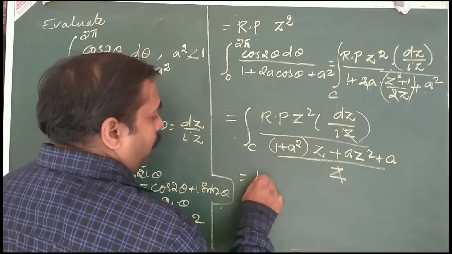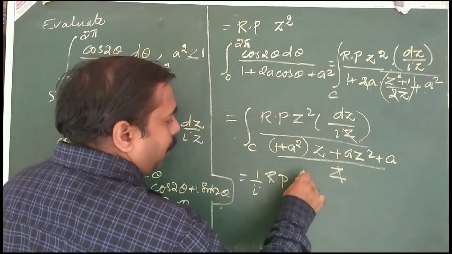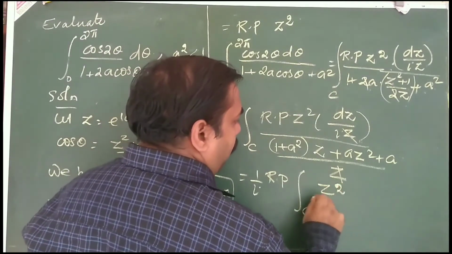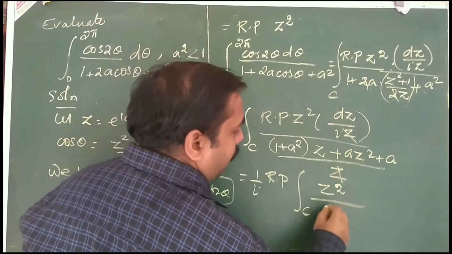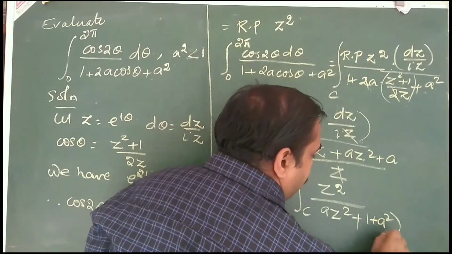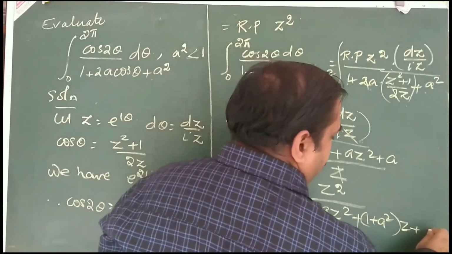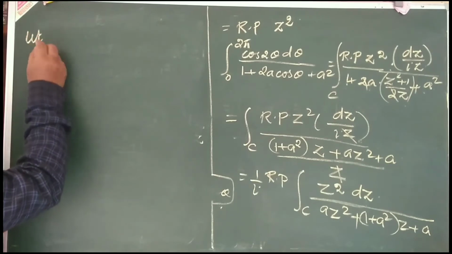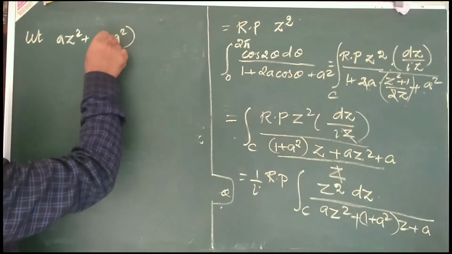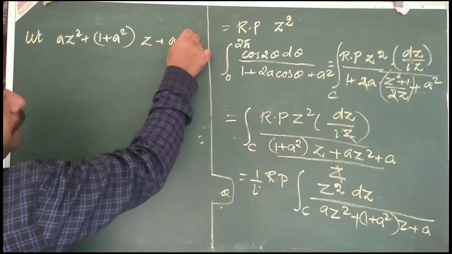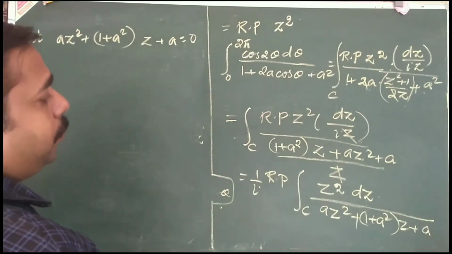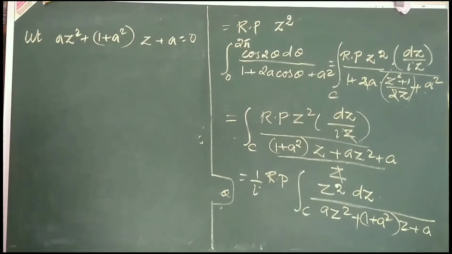Now 1 by i into the real part of the integral over C of z square, the whole divided by, first you write the z square term, a z square plus 1 plus a square into z plus a. Equate a z square plus 1 plus a square into z plus a to 0.